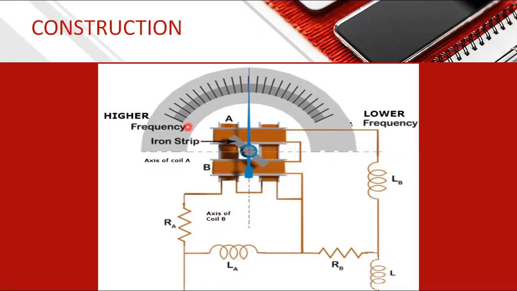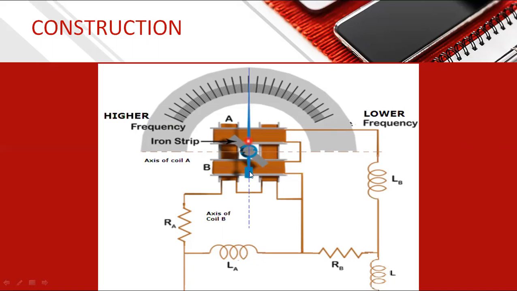All right. Hope you have got some idea after viewing this figure. Let you just check out whether you got the good and correct idea or not. So here you can see this is the moving system. For this moving system, you have an iron strip, soft iron strip, and to this soft iron strip, we have a needle attached.